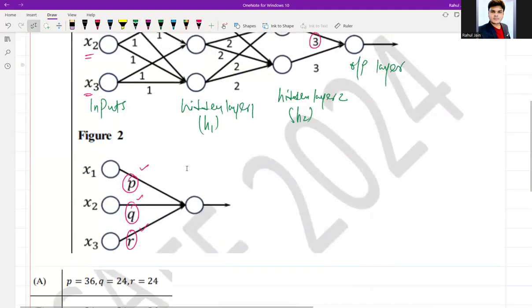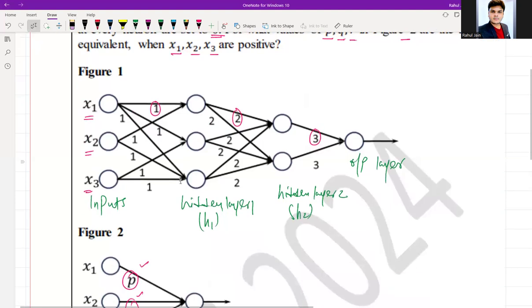Whereas in figure 2, we only have an input layer and an output layer, with no hidden layer in between, and direct weights are associated with it. Here there are two hidden layers. These are the inputs, this is the output, and these are the hidden layers.